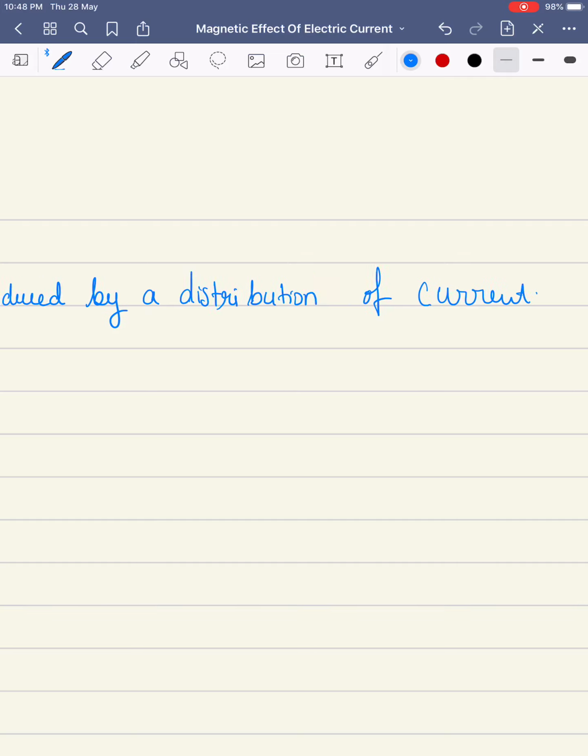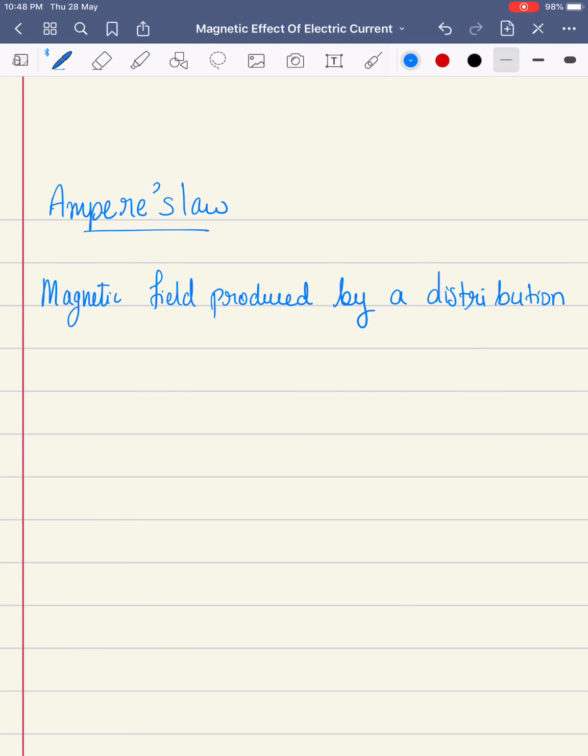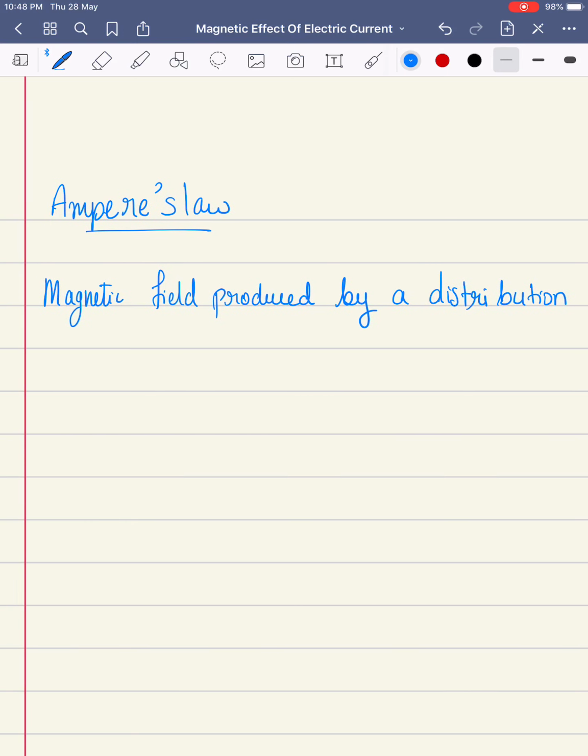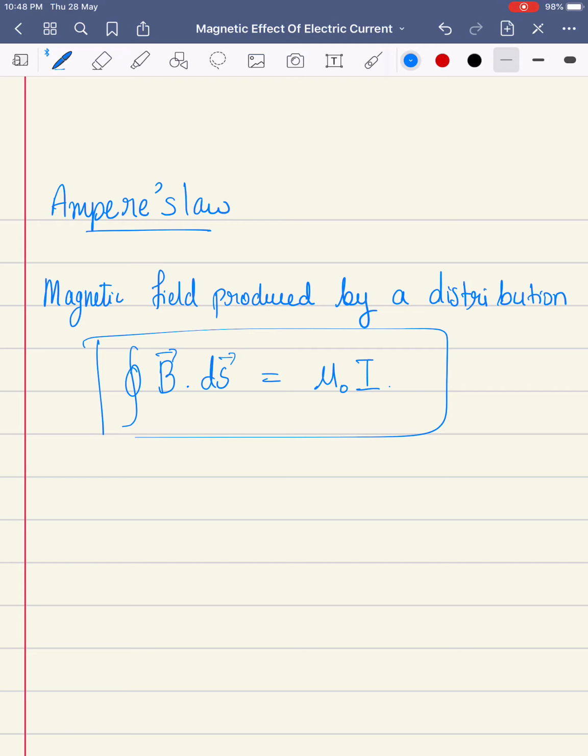Now this law is also named in terms of the SI unit. Ampere's law says that the closed integral of the magnetic field times the length of the Amperian loop is equal to mu naught times the current enclosed by the loop. The integral sign indicates the closed loop, which we call the Amperian loop.